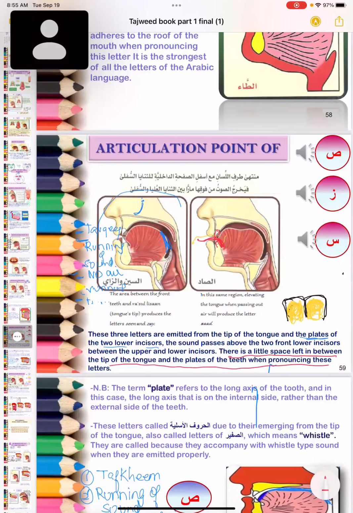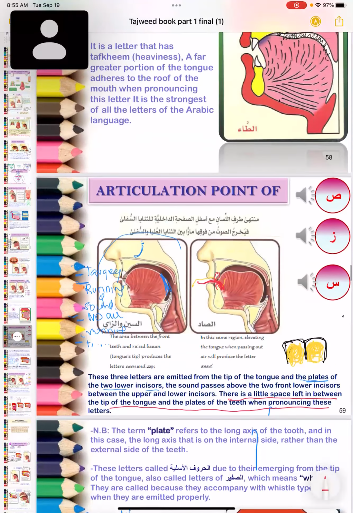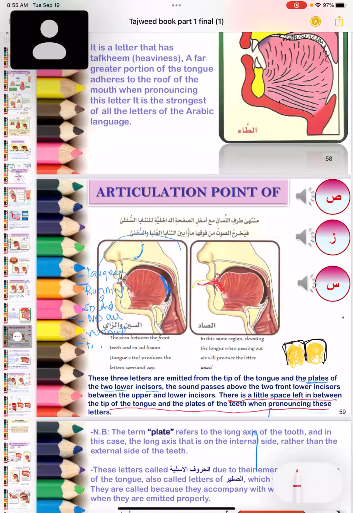Okay, let's look at the letters seen and zai. They have the same picture for seen and zai. I'll erase it for you here so that you can see it. Again, in Sin and in Zai, both these letters have the same makhraj, that is the tip of the tongue is close to the plates of the lower central incisors.